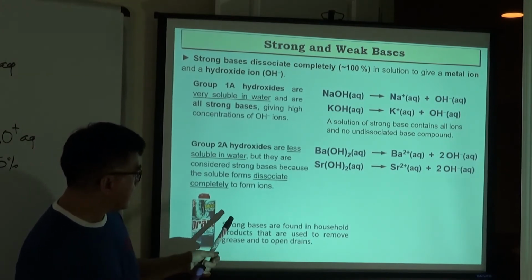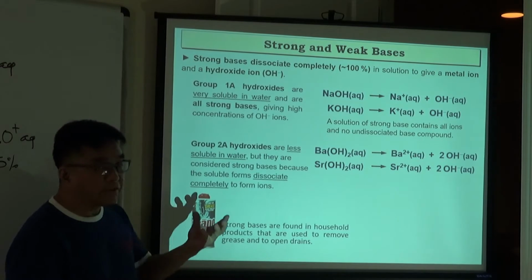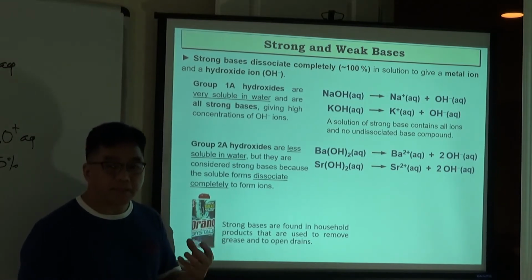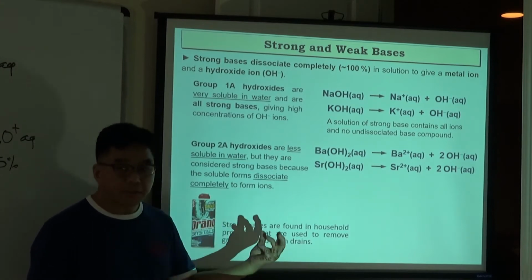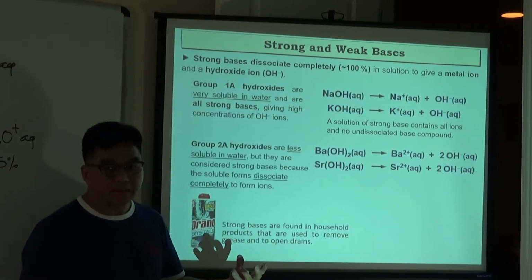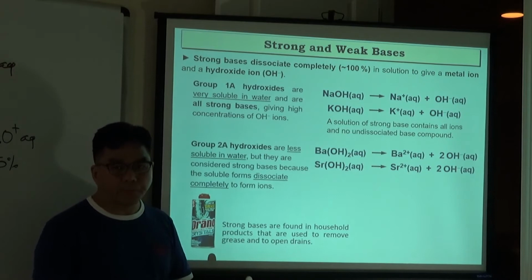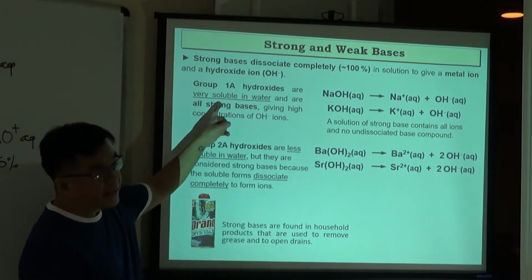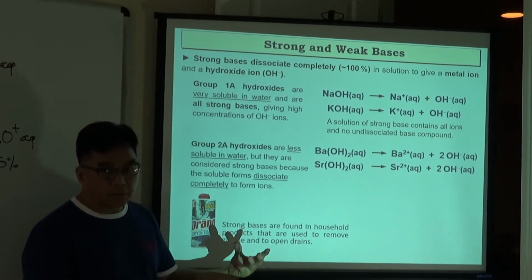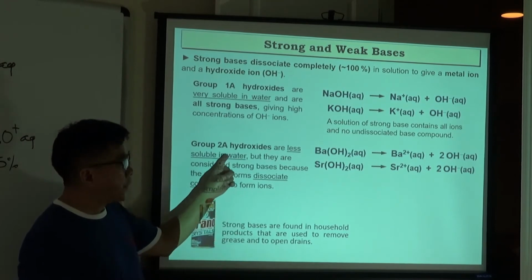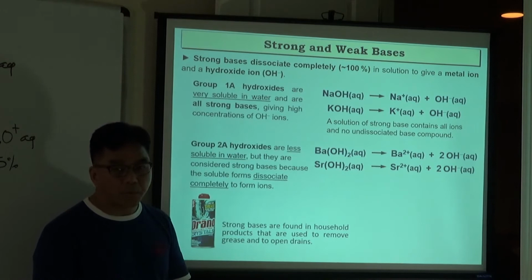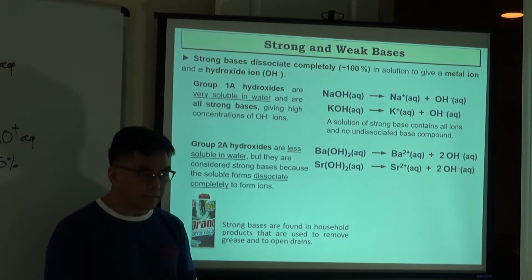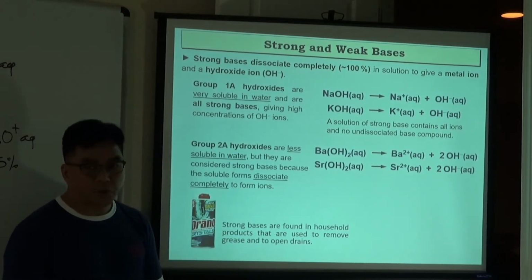So again, the definition of a strong acid or strong base is that they dissociate 100%. That has nothing to do with their solubility, meaning how much they can dissolve in water. Group 1A hydroxides dissolve a lot, whereas group 2A metal hydroxides are not very soluble, but because they dissociate 100%, they are also considered strong bases.